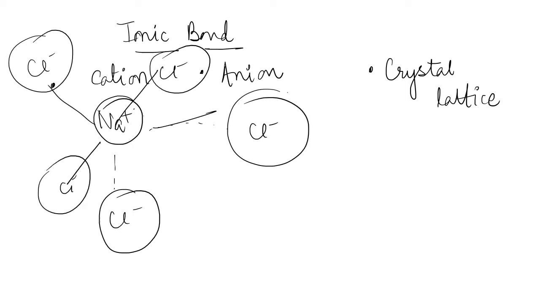So there is a three dimensional arrangement. Then this will be further connected to the next sodium. So this type of arrangement is there. So this regular arrangement is called a crystal lattice.